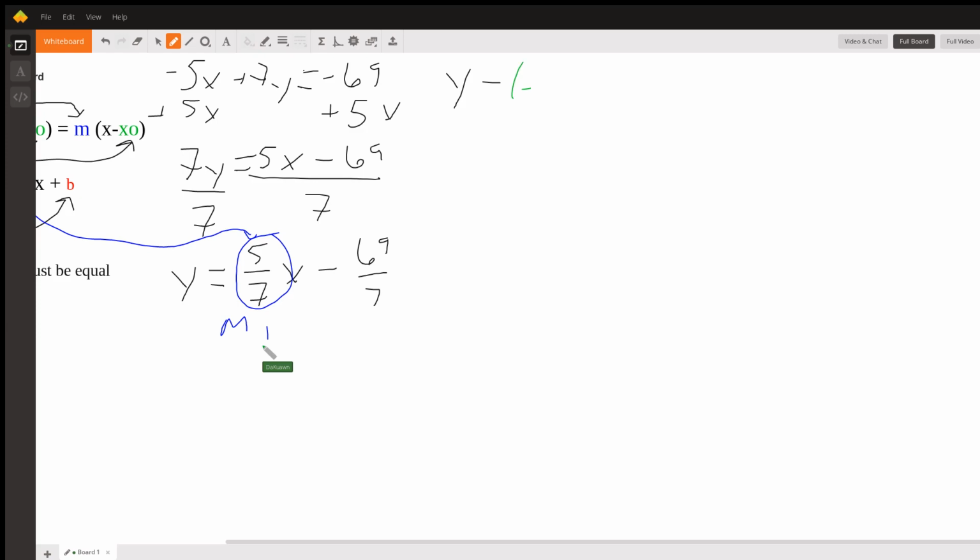So we're going to plug in negative 2. And the slope has to be the same as our first one, so we're going to plug in 5 over 7. And then we're going to plug in the other part of our ordered pair, which was 4, negative 2. So the x value is 4.